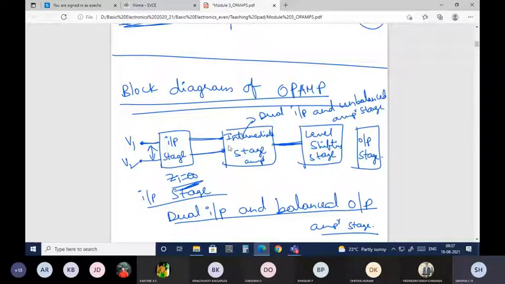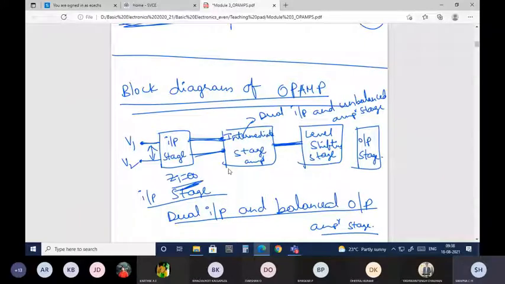The unbalanced word is given because it takes two inputs, but provides only one output.